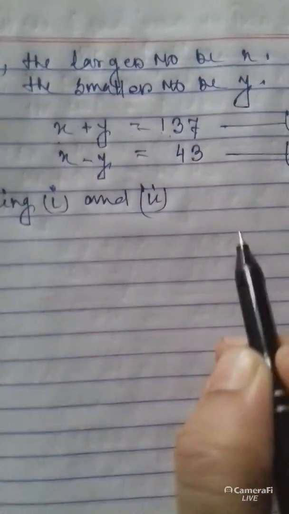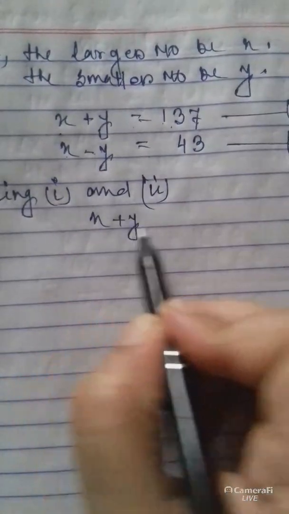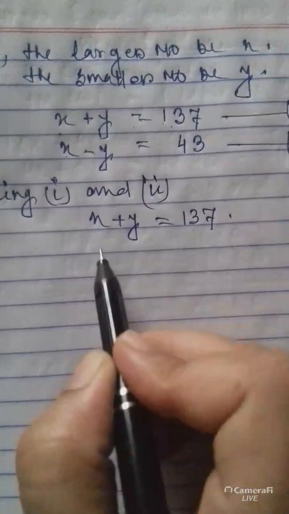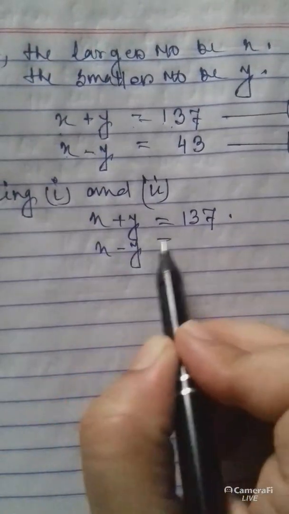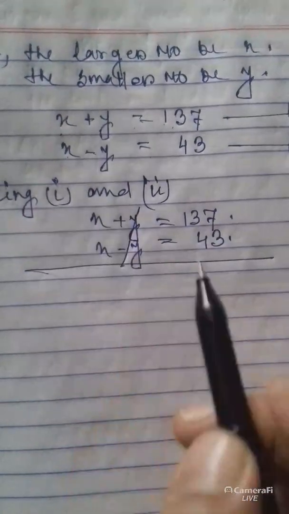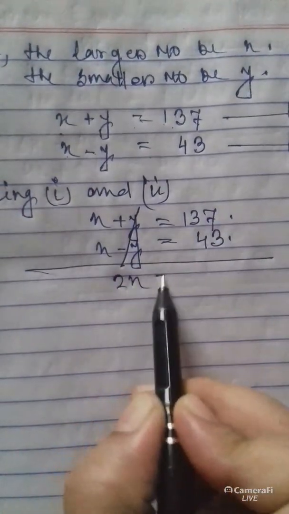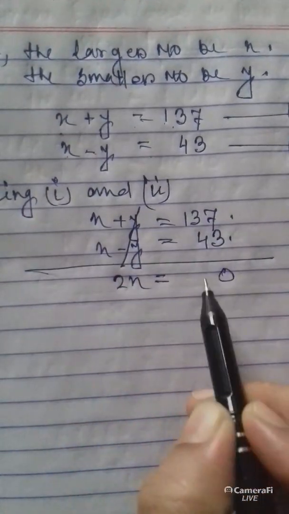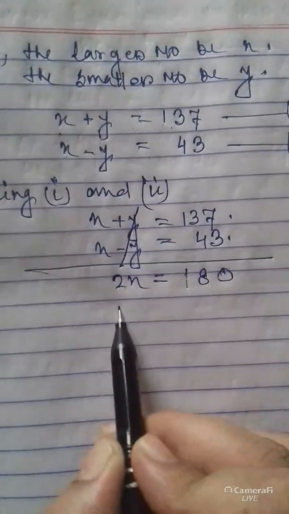Adding equations 1 and 2. x plus y equal to 137 and x minus y equal to 43. y cancels. 2x equal to 180.